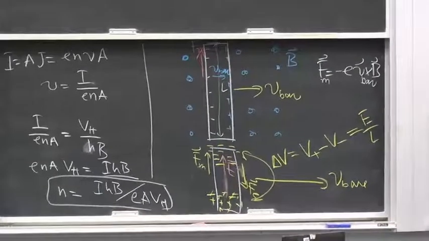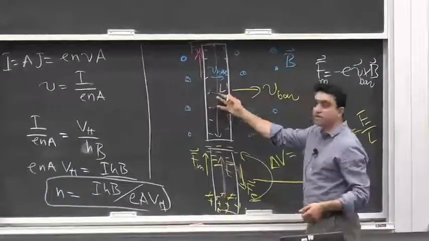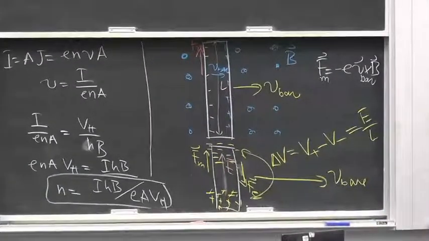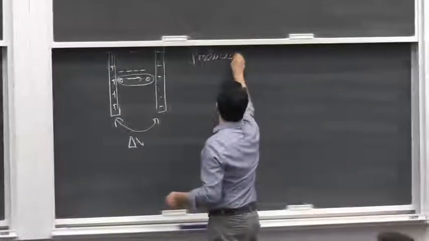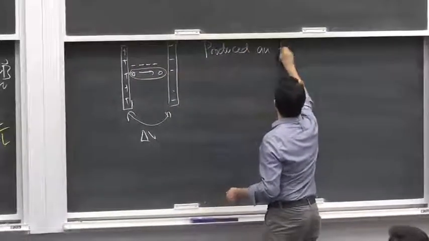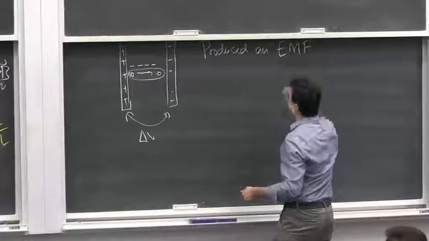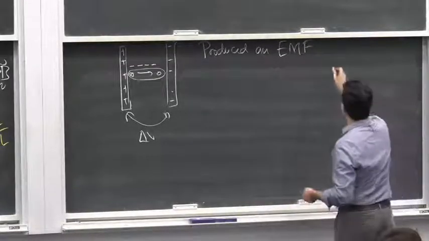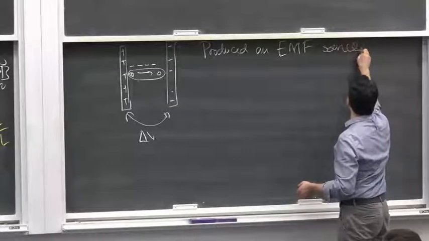So by motion of a conductor inside a magnetic field, you have produced an EMF source.